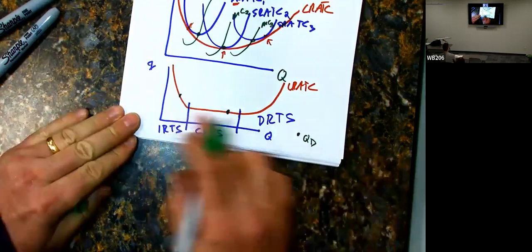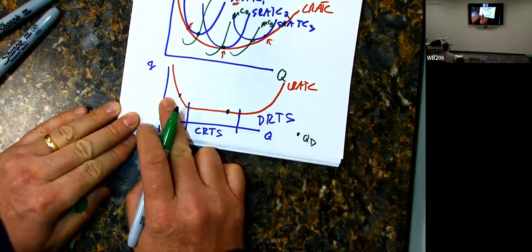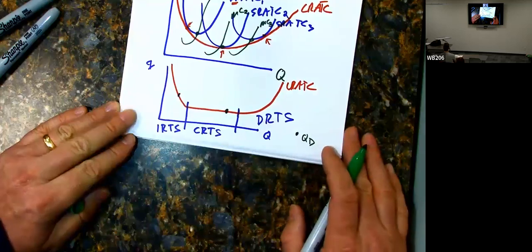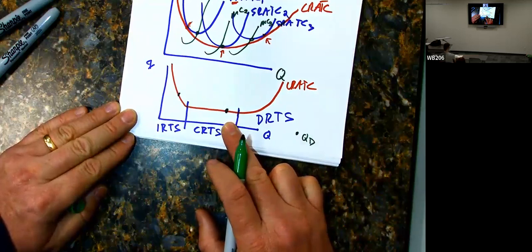Because to introduce a second firm would mean that that second firm has to enter at a higher cost point. Am I making sense to you? If that second firm enters and has to enter at a higher cost point, then it won't be able to compete with the incumbent firm. Right? So then we call that kind of a firm a natural monopoly.